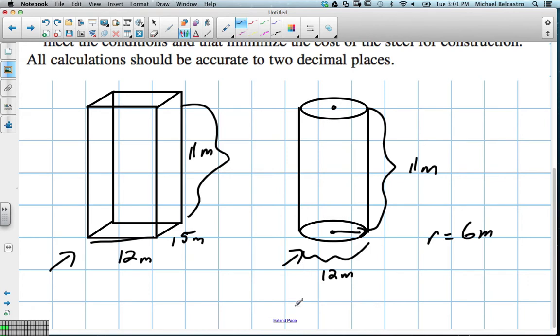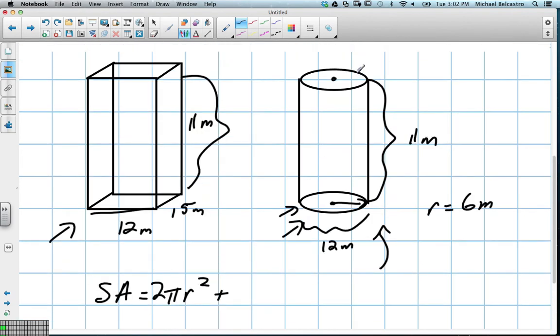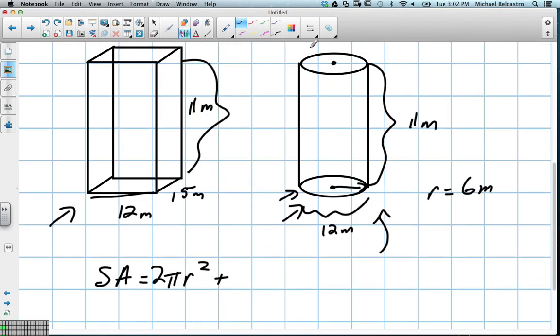Now, this question is broken into a question with prices based on surface area. So let's get into surface area of this cylinder, okay? The surface area of a cylinder is the area of a face, so that's our pi r squared. Because there's 2 faces, it's multiplied by 2, plus the area of the rectangle that's wrapped around. Now the length of that rectangle is the circumference of the circle.